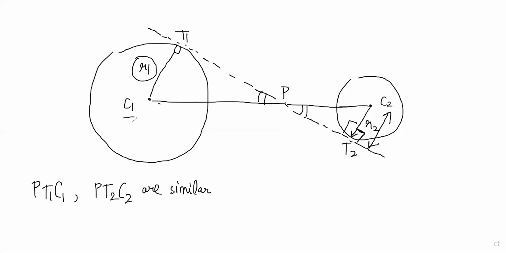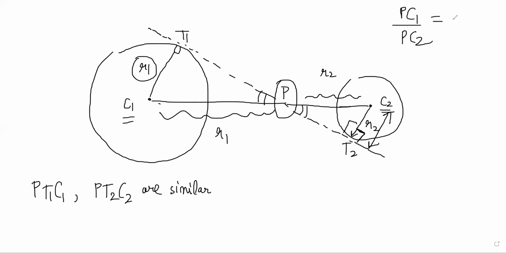Therefore, if we know C1 and C2 position, we should be able to find this, right? Because these sides will also be in the ratio R1 is to R2, because similar triangles. So you get PC1 by PC2 should be equal to R1 by R2. And that means that we can find by section formula the position of P, right?